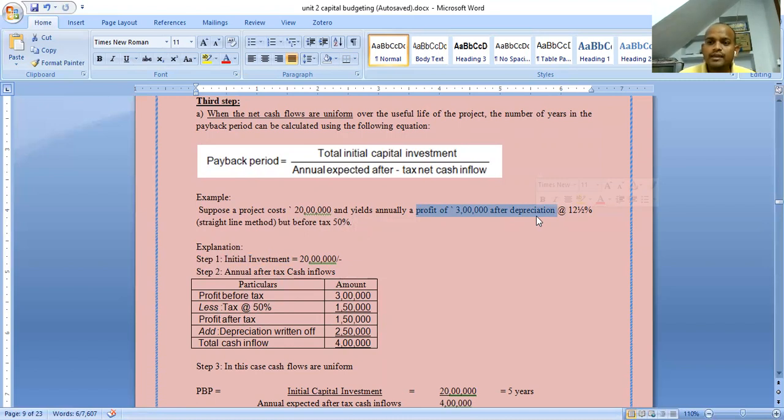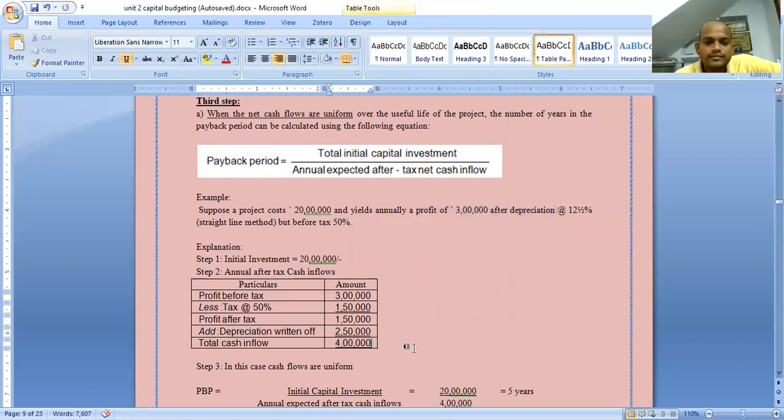We are not paying anything, the cash is not going out. It works as a tax shield. That is why we deduct the depreciation first, and after calculating the tax, we add the depreciation back, so that total cash inflows can be determined.